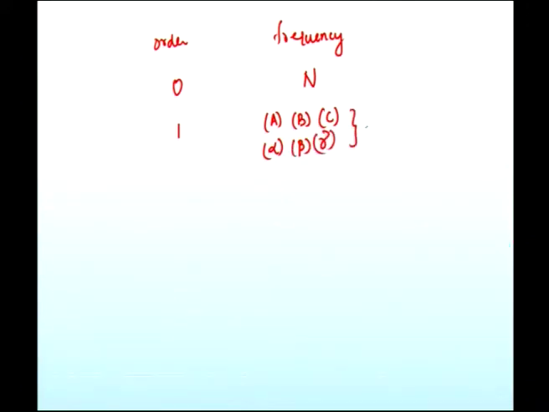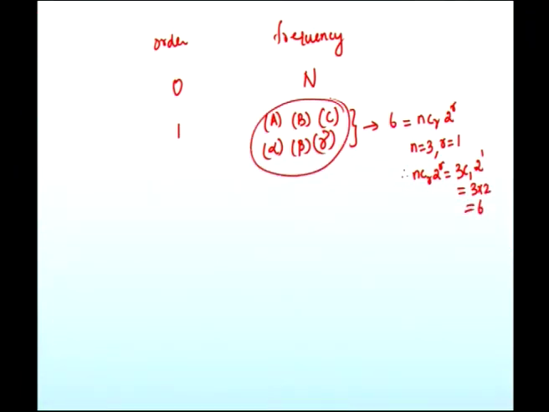So, this contributes 6 numbers. 6 is arrived as NCR into 2 power r, where n is equal to 3 and r is equal to 1. Therefore, 3C1 into 2 power 1. So, 3 into 2 we get 6, and these are 6 in number.